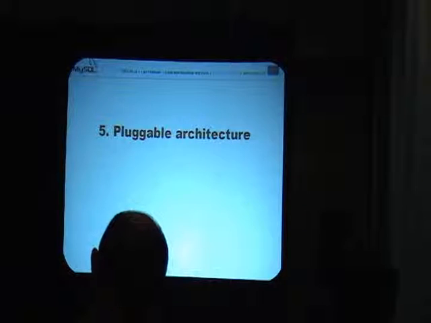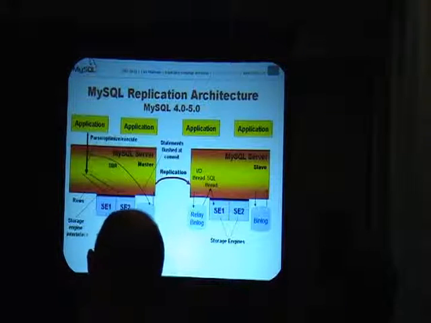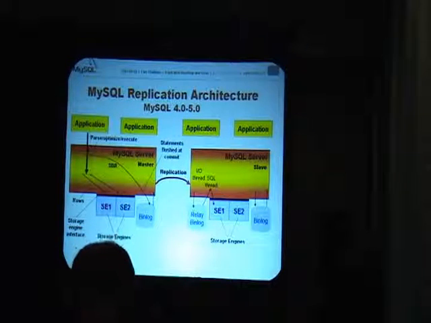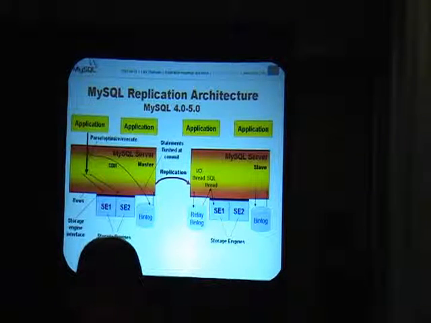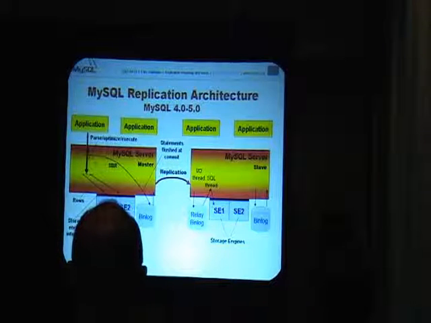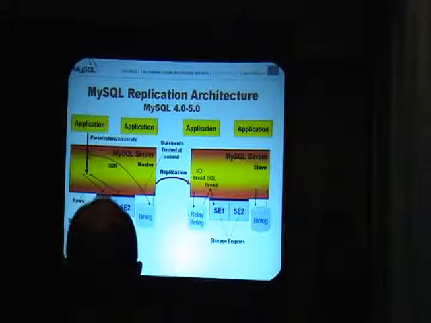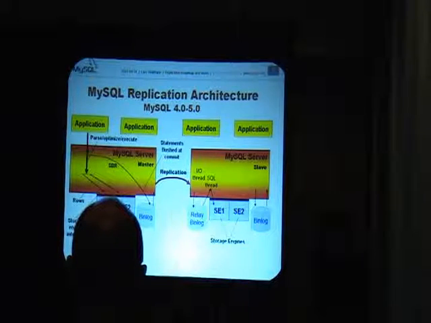Then we want the architecture to be pliable. So if we look at what we have done in MySQL, in 4.0 we introduced this extra IO thread. And from 4.0 to 5.0 it's kind of the same architecture. There is one thread reading from the bin log. We execute something, we put it into the bin log. And in these versions we have statements which we put into the bin log.